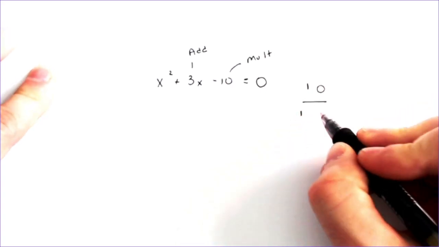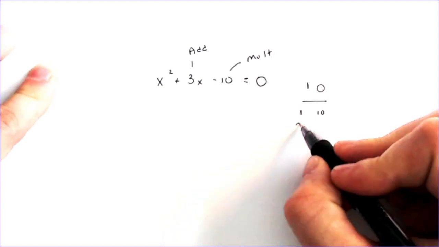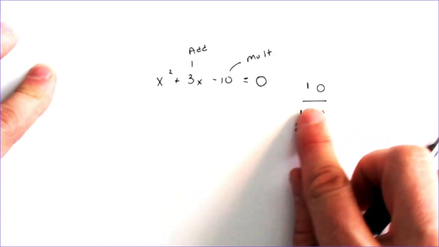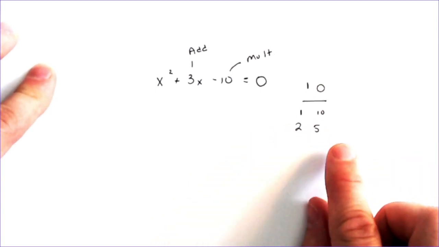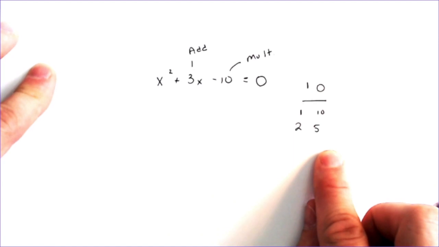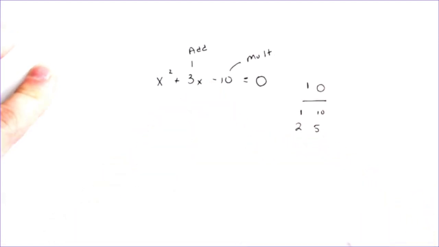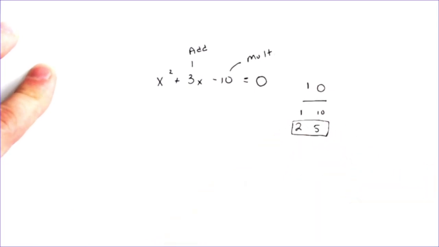Well, I know that's 1 times 10. Don't ever forget 1 and 10. And that is 2 and 5. 10's a relatively small number, so it only has these. Out of these, which numbers will multiply to equal 10 and add or subtract to equal 3? If you add a negative number, it would potentially still be like subtracting. And in this case, the numbers that would do that would be 2 and 5.